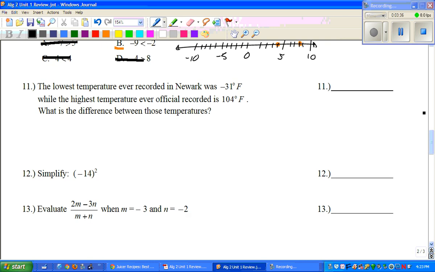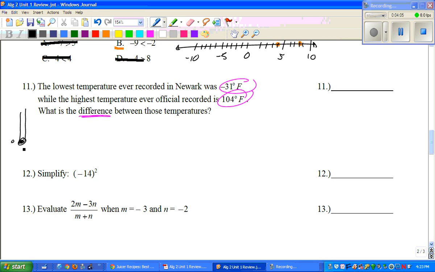Okay, number 11. The lowest temperature ever recorded in Newark was negative 31 degrees Fahrenheit, while the highest temperature ever recorded was 104 degrees. What is the difference between those two temperatures? For this one, I think it's good if we draw a thermometer. Here's our thermometer.